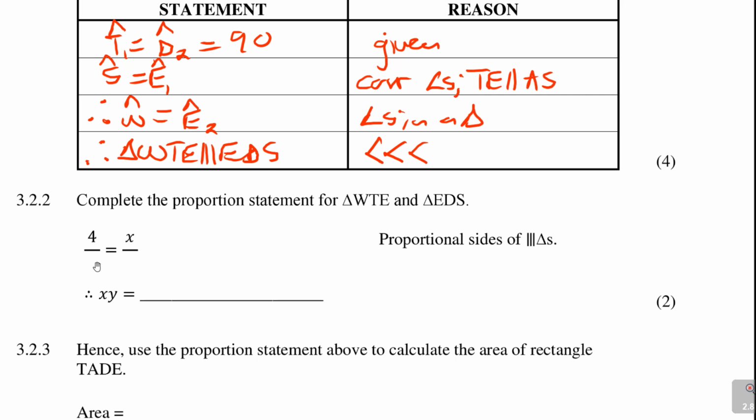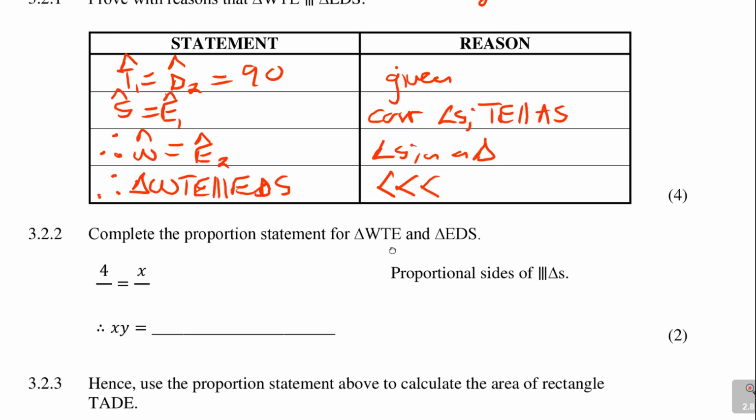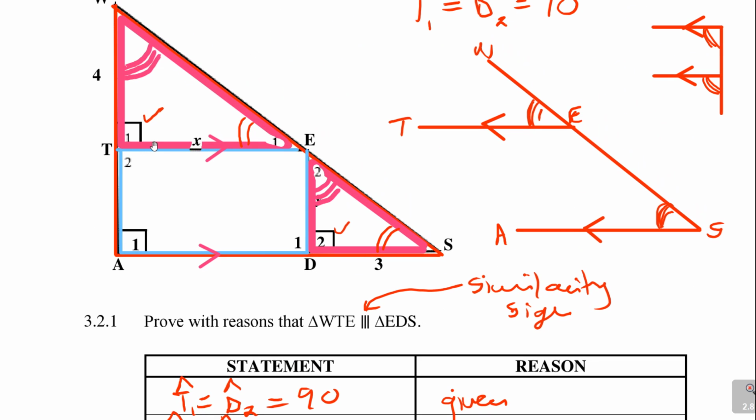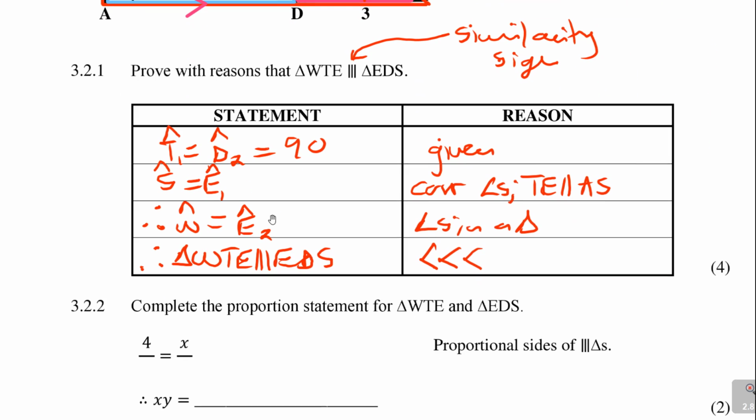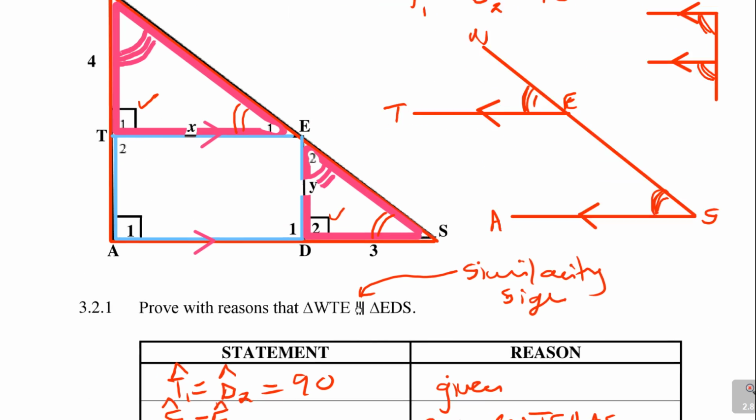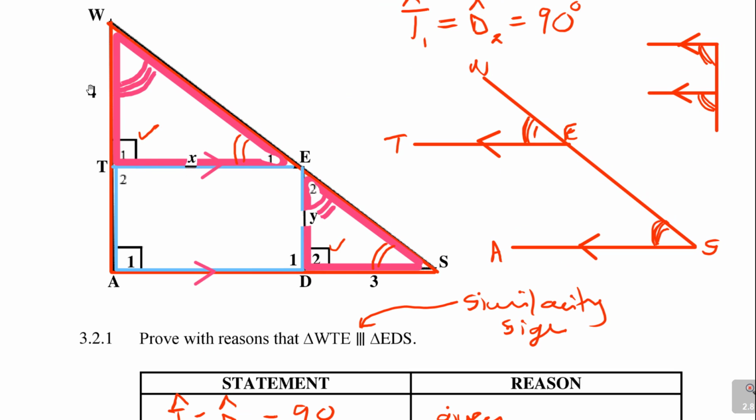Proportion statement. 4 over what is equal to x over what? Let's look at the proportion statement. I need to erase also some things here. So they are saying 4 divided by what is x divided by what? So 4 and x. So we can say 4 divided by y. So look, we are comparing here. Where there is the 4 is where there is the y.